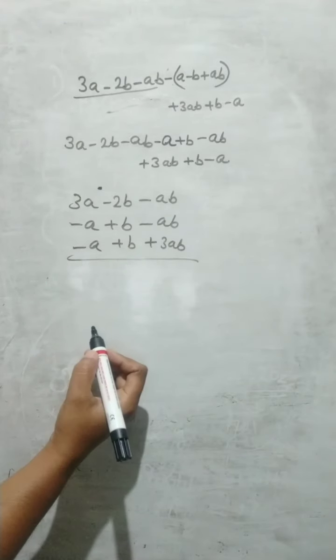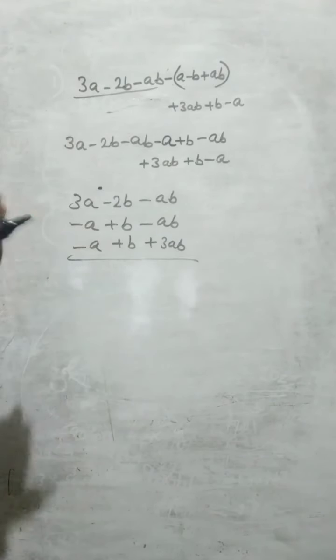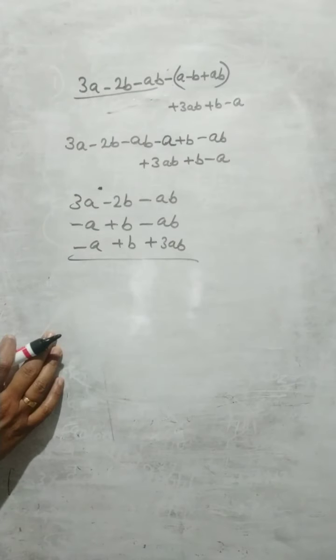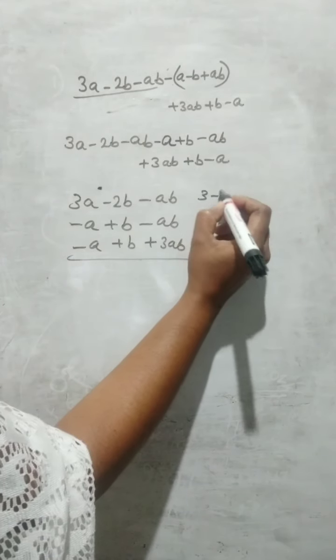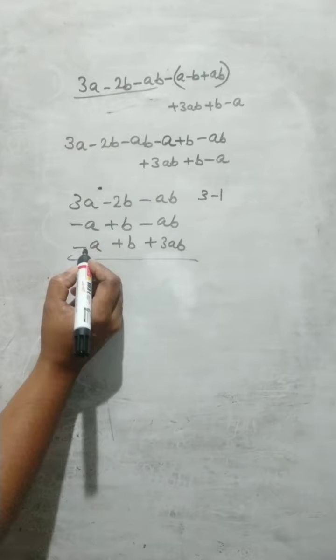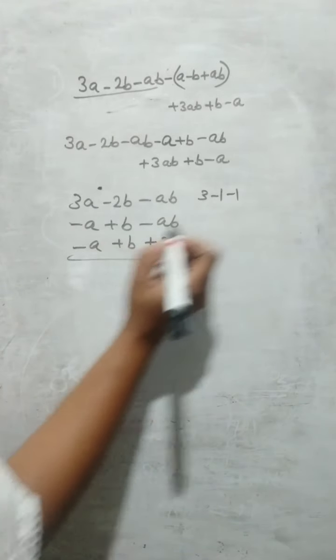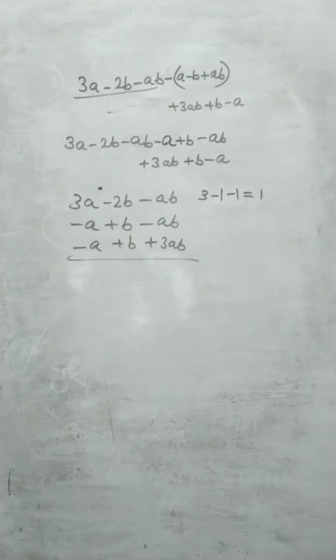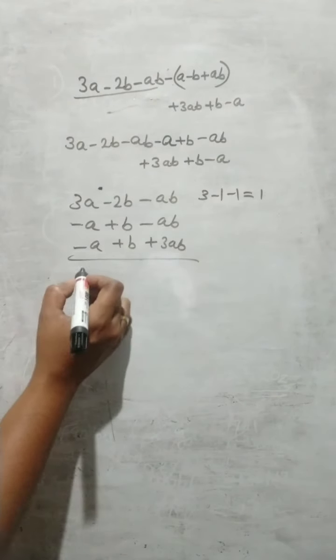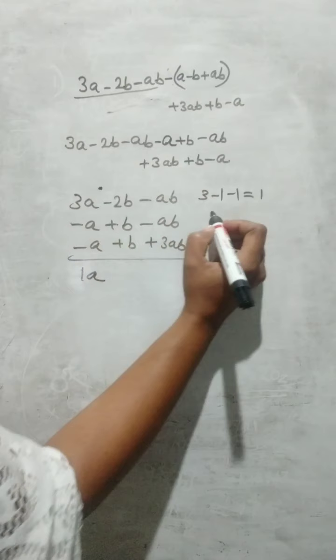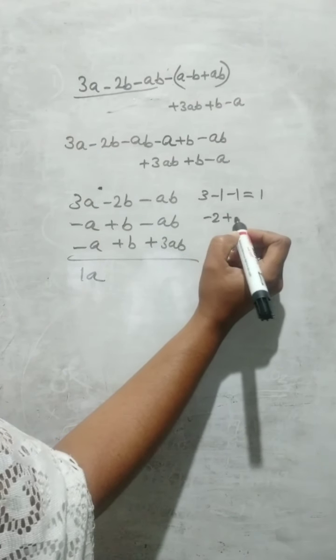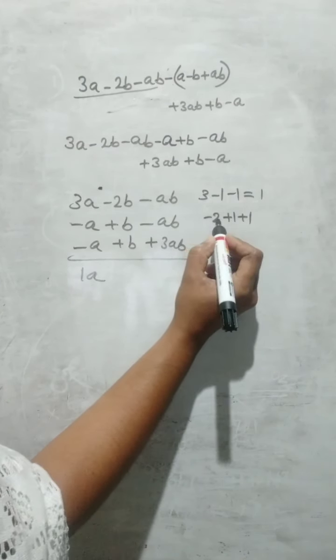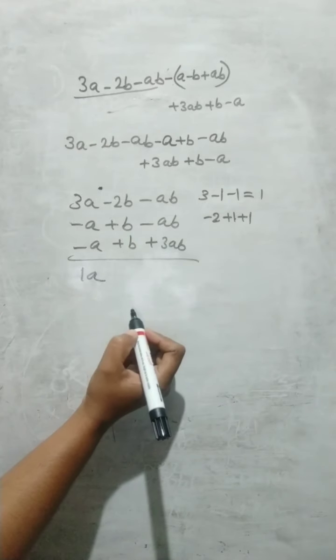We can add it. First we have to think about the coefficients of each like term. Here 3, then minus 1, here also minus 1. That will be 3 minus 2, which is equal to 1. So 1a positive. Then next, minus 2 plus 1 plus 1. Here minus 2 plus 1 is minus 1.